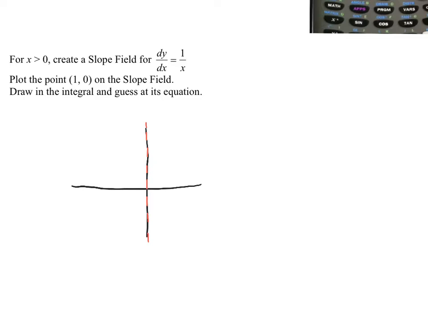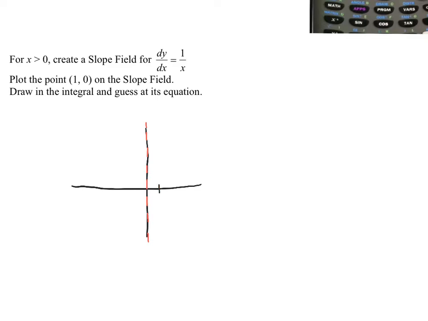Now, one thing that's kind of interesting here is that notice there's no y in the dy dx. So that means that once I find the value of the slope at one value of x, it's going to be that way no matter what y is. So for example, if I plug in x equals 1, well 1 over 1 is 1.